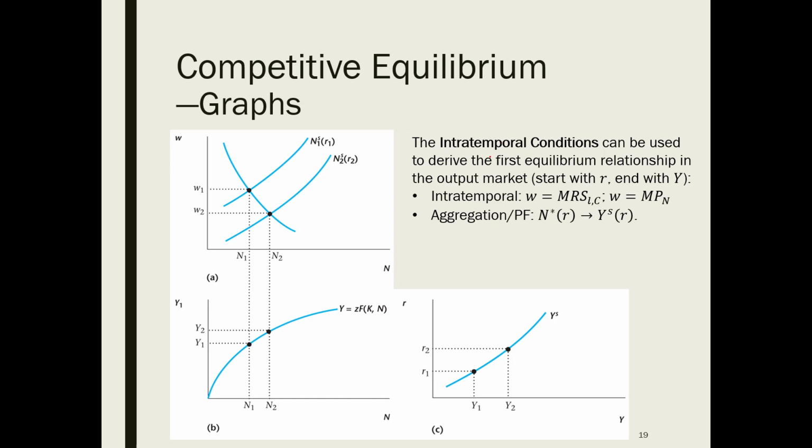Therefore, the graphical analysis of general equilibrium is still mathematically based. In mathematics, it does not matter which equation should be combined and which unknowns are to be substituted out first. But in economics, it makes sense to first combine intratemporal conditions of the consumer and the firm, because they describe the supply side of the output market.